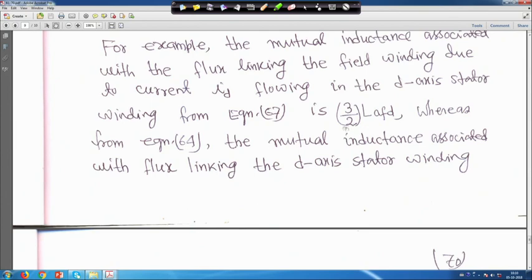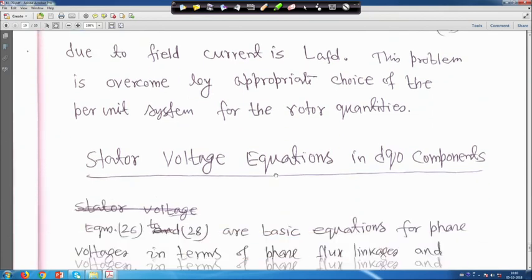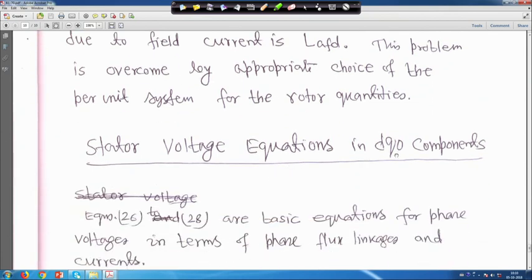Here it is 3 by 2 LAFD from one side to the other, and this is LAFD, so they are not reciprocal. Reciprocal means they are the same; otherwise M12 is not equal to M21. So we have to choose an appropriate base such that we can transform to the same per unit value, which will be seen later. This problem is overcome by appropriate choice of the per unit system for the rotor quantities. Similarly, we consider the stator voltage equations with the same dq0 transformation.